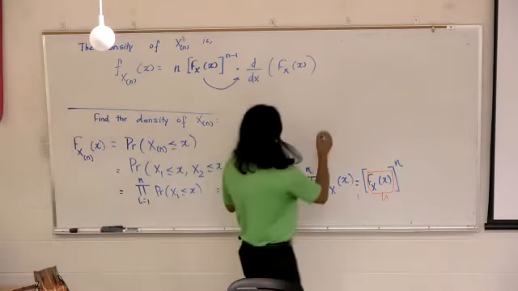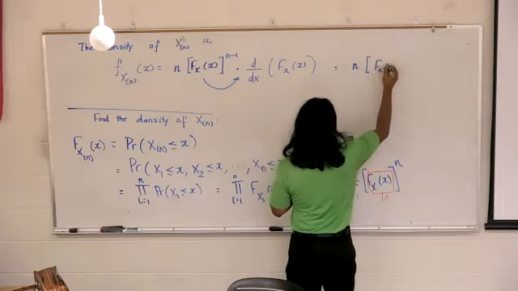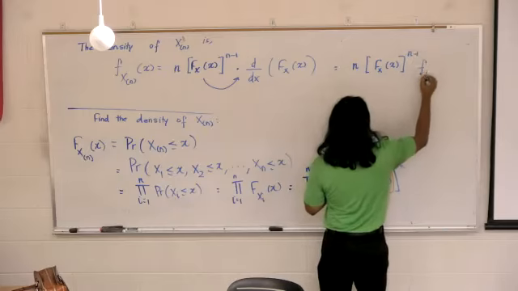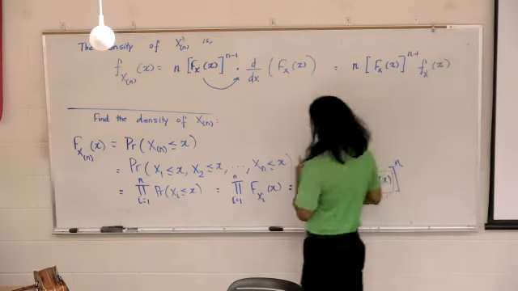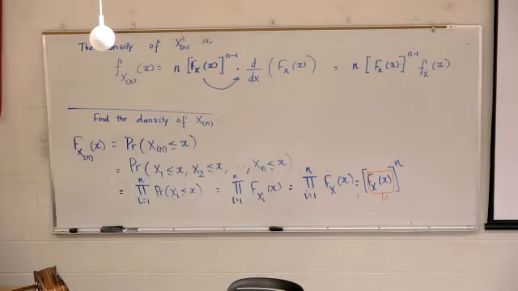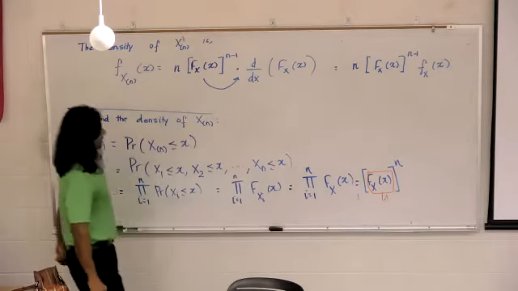So that reduces to n F_X(x) raised to n minus 1 times f_X(x). That is the density of the nth order statistic. Finding the CDF is pretty straightforward, it's right there. The PDF can take a bit of work.